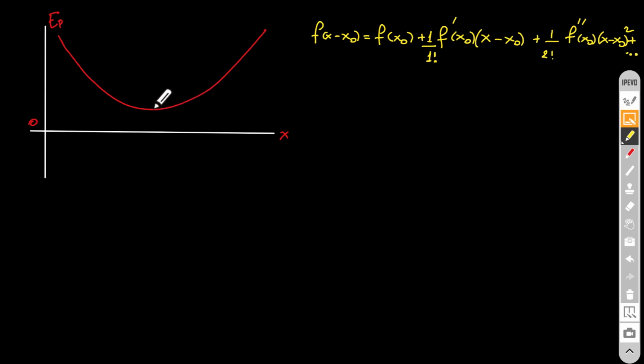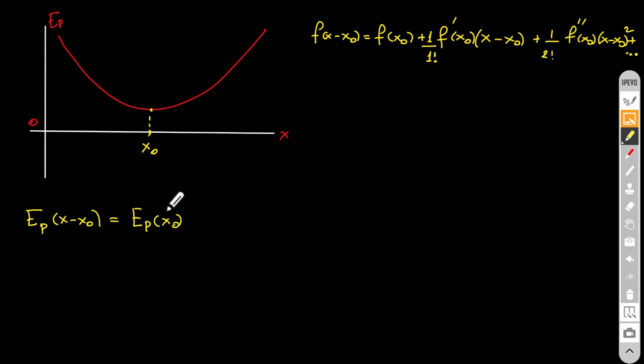Let's say this is the point where I have the minimum, so this will be x naught in my case. Now the value of the potential energy is equal to the value of the potential energy at x naught. Now I'm going to show you on the graph what that is.